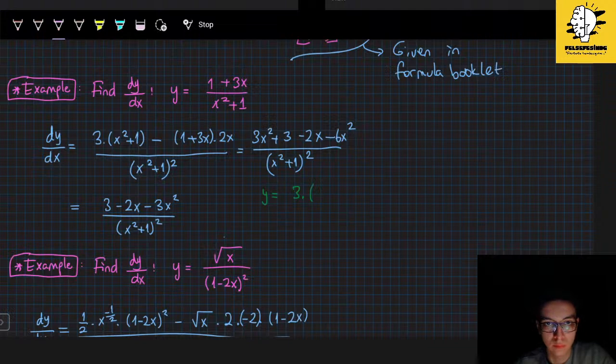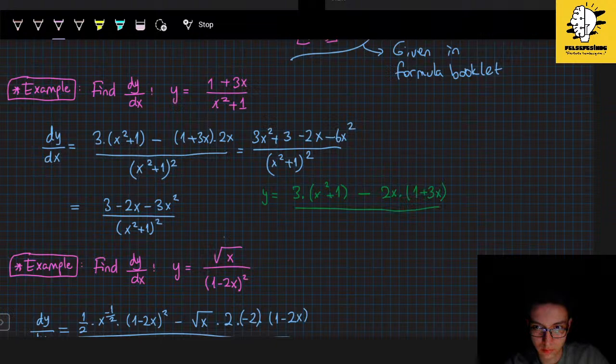We don't touch the denominator here. It is times, by the way. Minus, we take the derivative of x squared plus 1, which is 2x, but we don't touch the numerator, so let's put our numerator, it is 1 plus 3x, over x squared plus 1, all squared. That's the thing we should do.